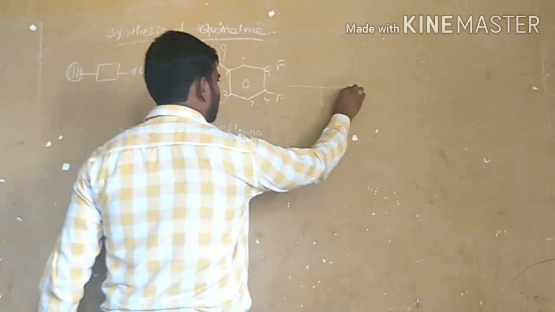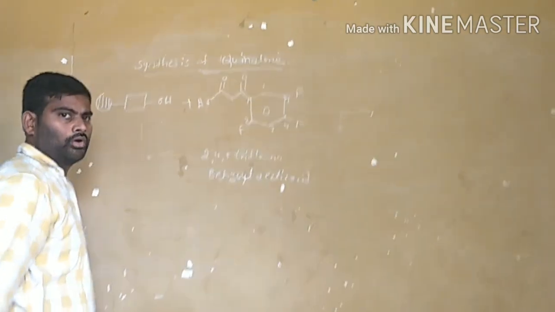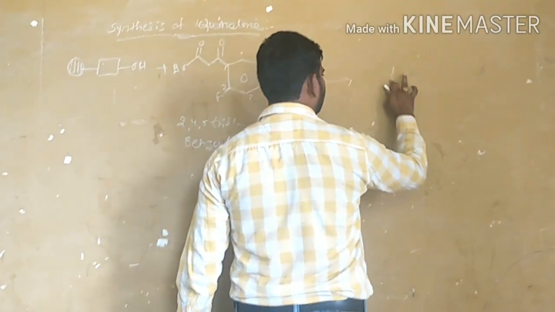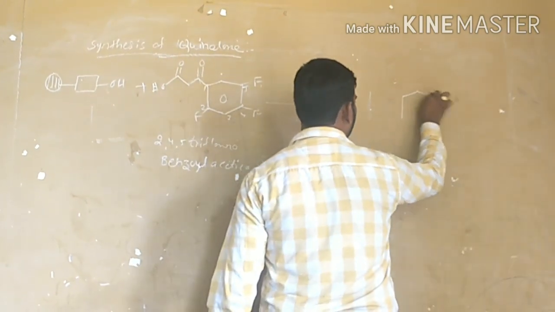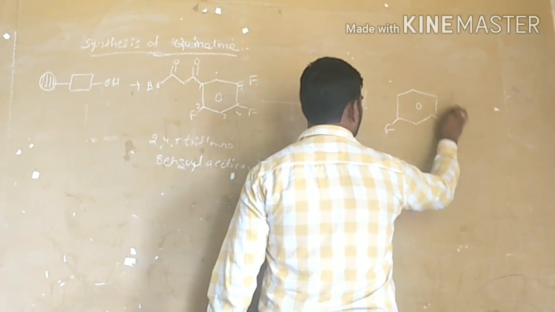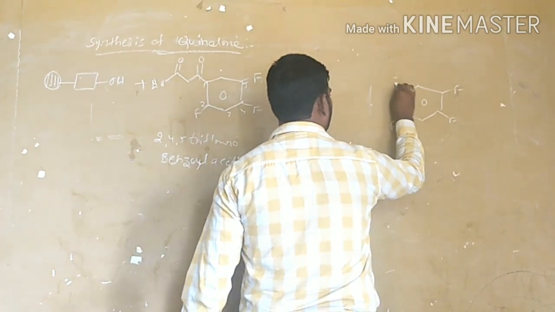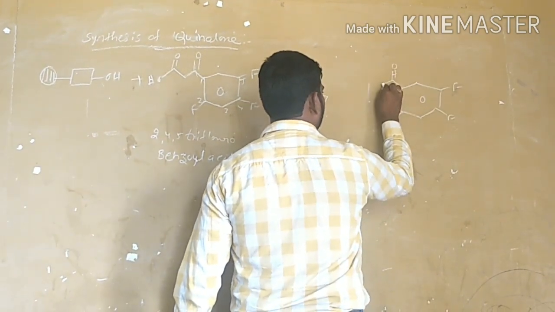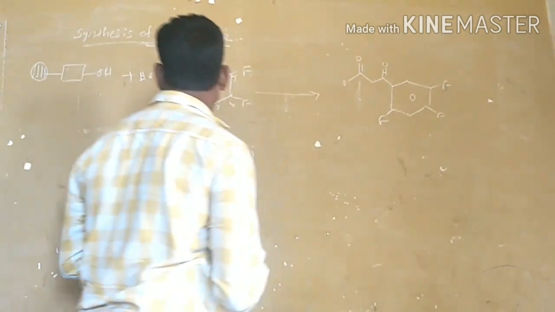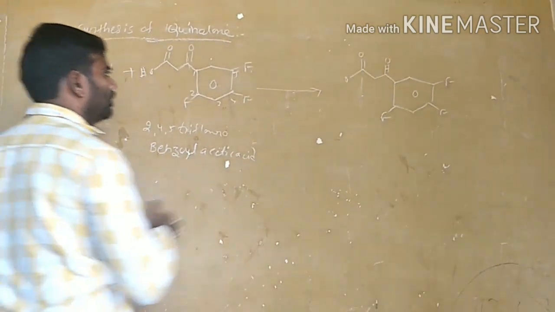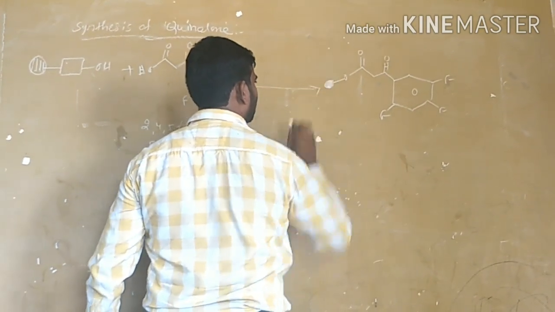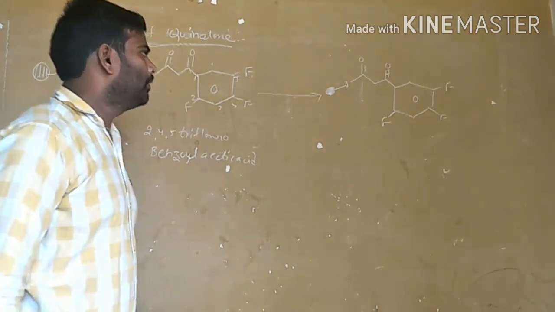And first to the substrate molecule, this Wang resin is bonded. With this we get the resin bound substrate molecule, with loss of a water molecule here. I am writing this resin bead. This is a resin bound substrate molecule.